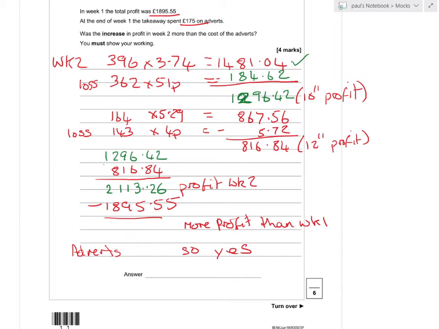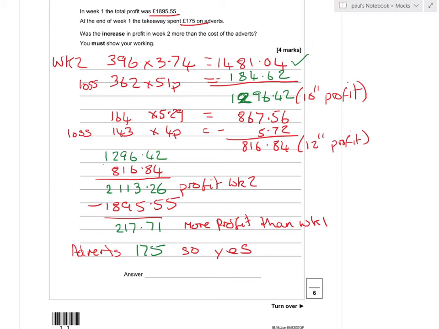Okay, so the difference between these two now is take away 1895.55 is 217.71. So advert's 175. I still haven't got that number right, have I?